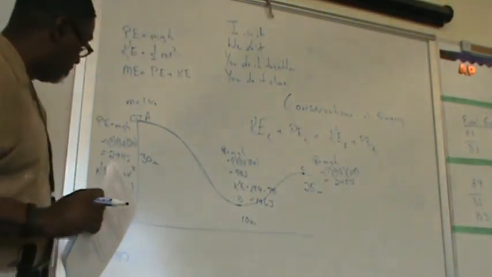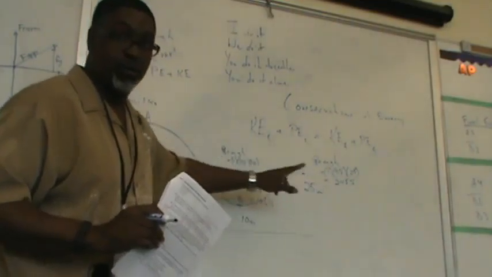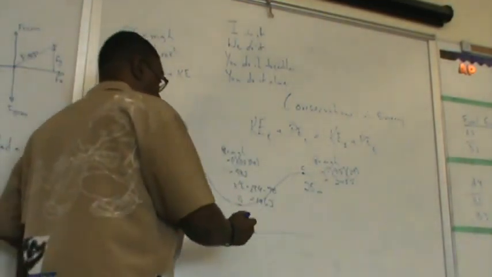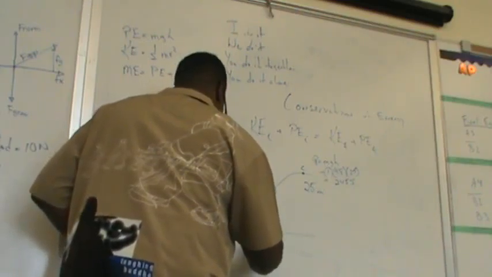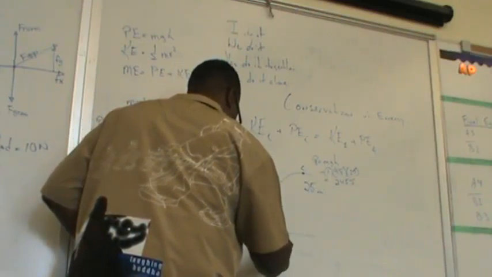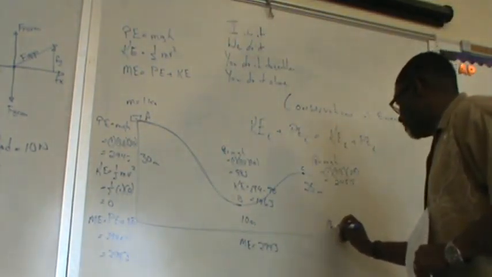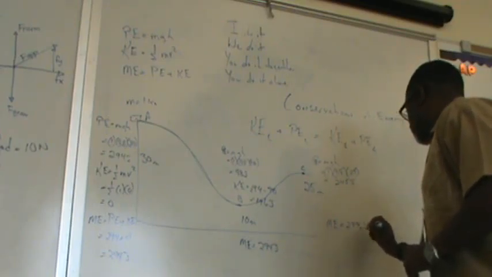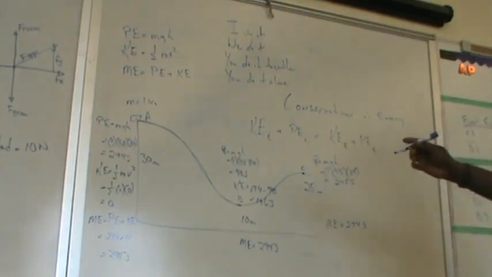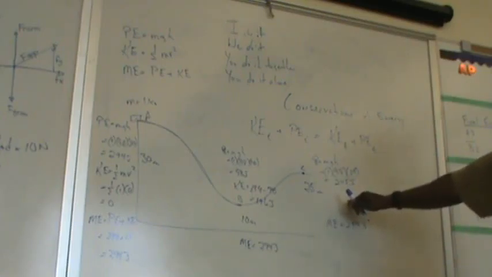And the mechanical energy is the same on all 3 points. So here we have ME equal to 294 joules, and here we have ME equal to 294 joules. Right, kind of sloppy. So now that I did it, we'll do C together for the kinetic energy.